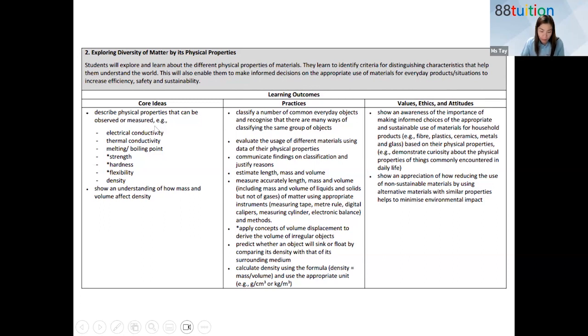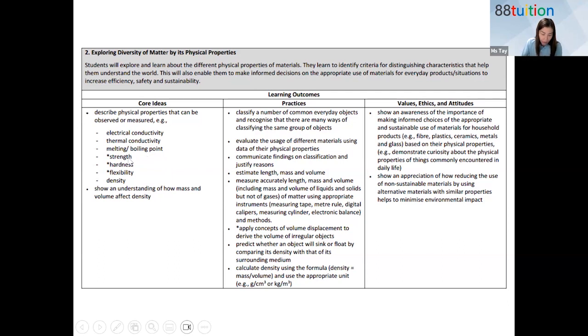Describe the physical properties that can be observed or measured. So when we talk about that, it means electrical conductivity. Then thermal conductivity. In primary school, you talked about heat conductivity. Okay, good conductor of heat, poor conductor of heat. Now we change it to thermal conductivity. So you no longer use the word heat. Okay, you use thermal conductivity.